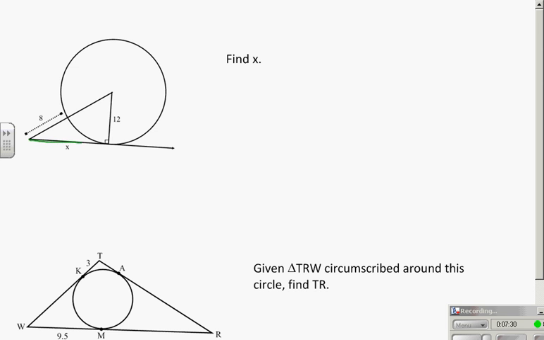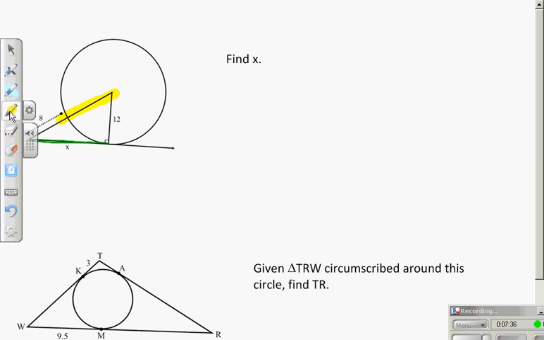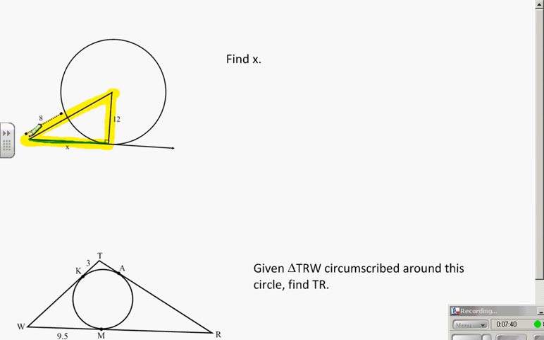Now this is one of those scenarios where you have to pay attention to what you have. When I ask you to find x, here, x is this outside segment right here. So we are looking at a Pythagorean theorem problem, except it doesn't appear initially that I have all the information I need, because I only know that this outside segment is 8. This inside segment, though, I do know, because it's a radius.